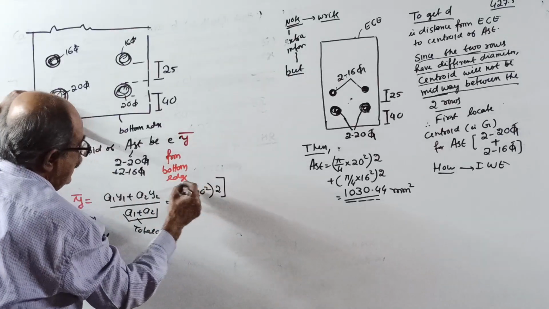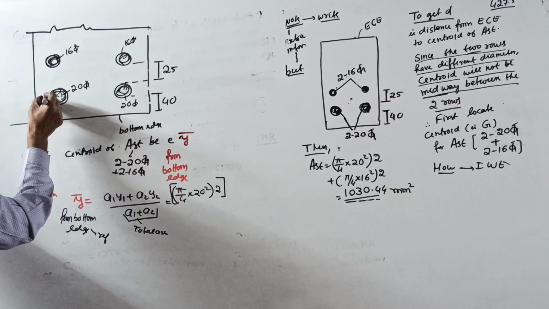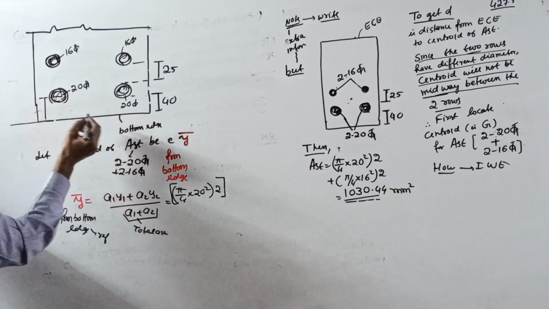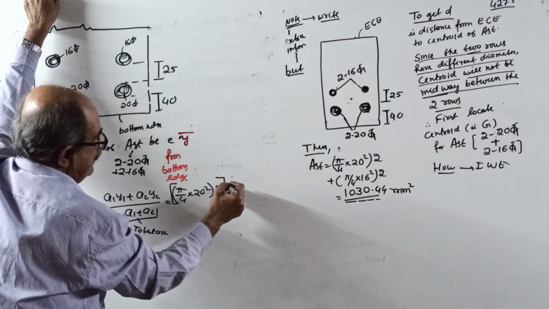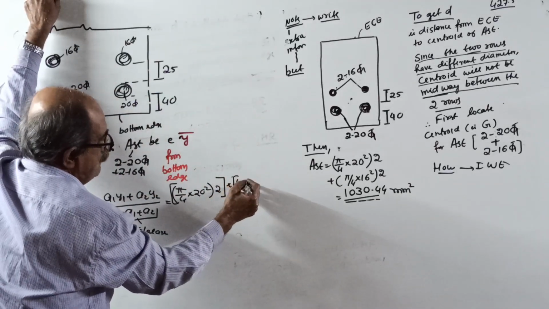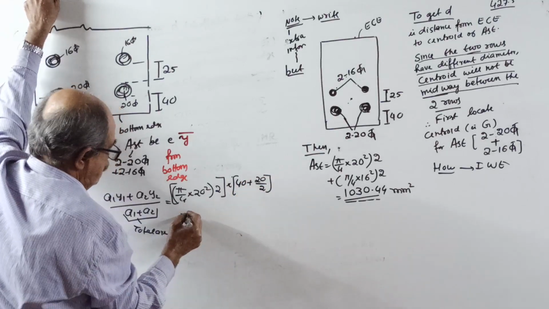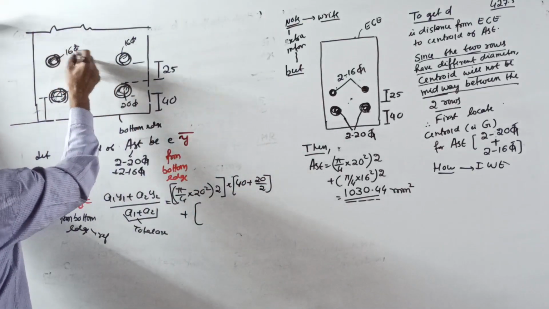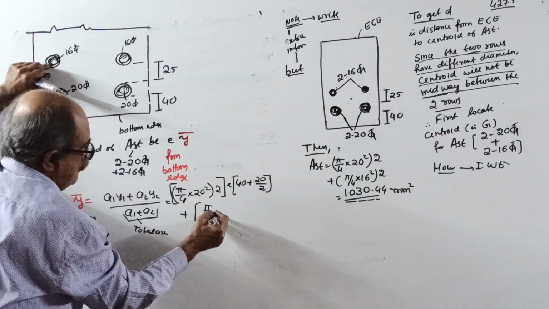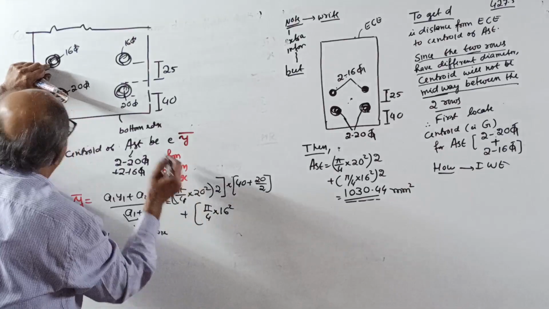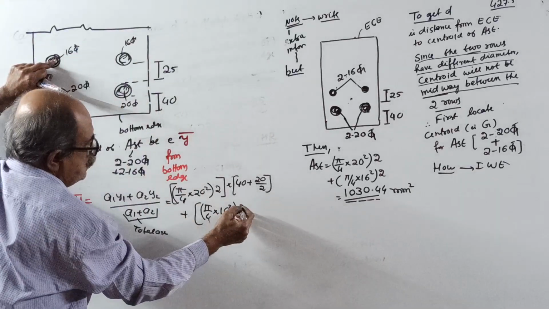This is your A1 into the distance of its center of gravity, centroid, from here. 40 plus half of 20 into that much is required. 40 plus half of 20, A1Y1, plus this area, pi by 4 of 16 square is this area.